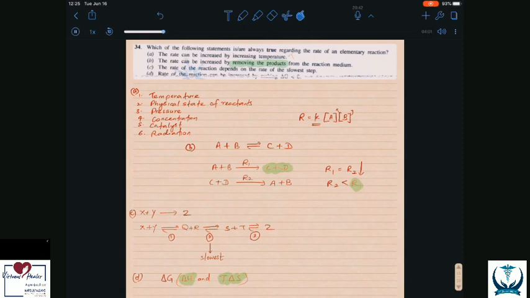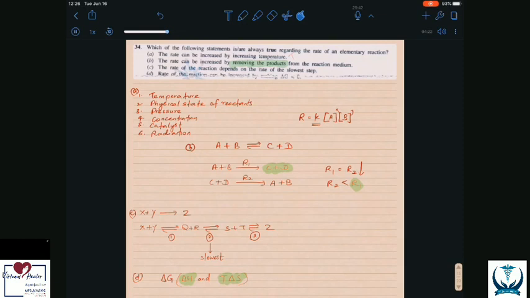This is what is used to increase the yield. Please notice here that R1 is not changed. Instead, R2 is reduced. R1 remains the same while R2 is reduced. That is how we increase the yield. Therefore, the statement B is false.